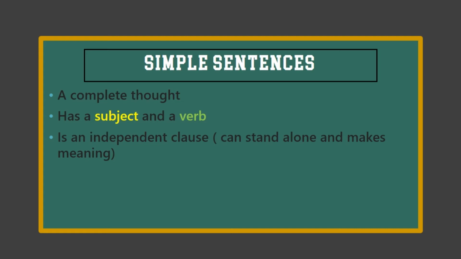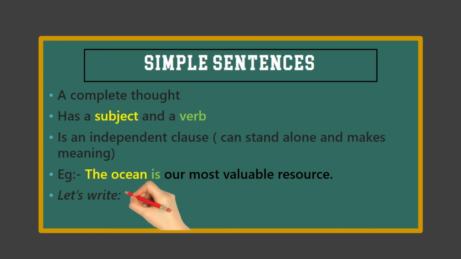Okay? I'll show you an example. The ocean is our most valuable resource. I'm going to show you a picture and we will try and construct some sentences based on the keywords that you get along with the picture. Okay? So now it's time to write.